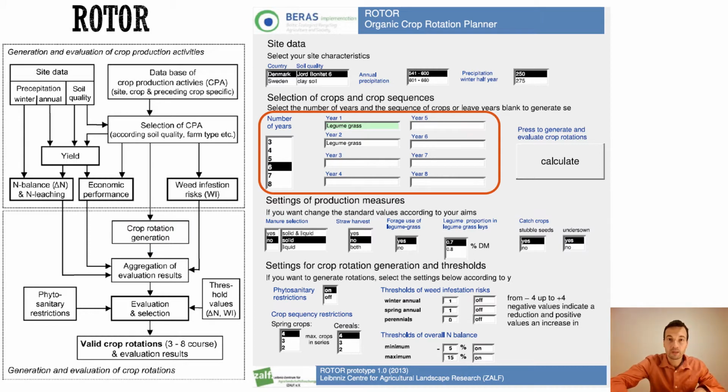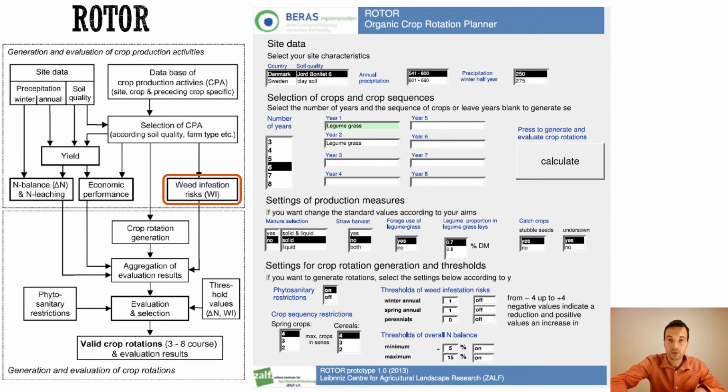You can select a desired sequence of crops and duration of rotation cycle, and the algorithm will evaluate its performance or suggest optimal production activities for the desired crop sequence. Or you can partly define the sequence, and the algorithm will suggest agronomically realistic sequences of crops and production activities.